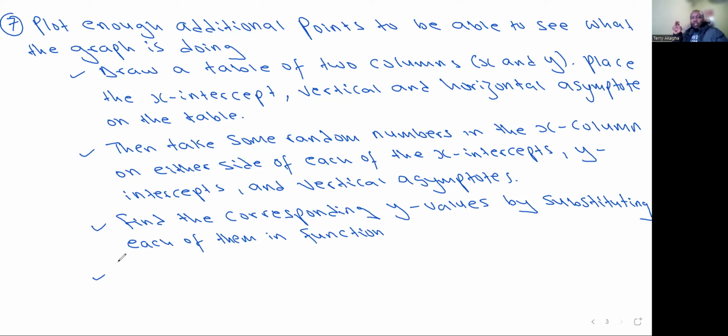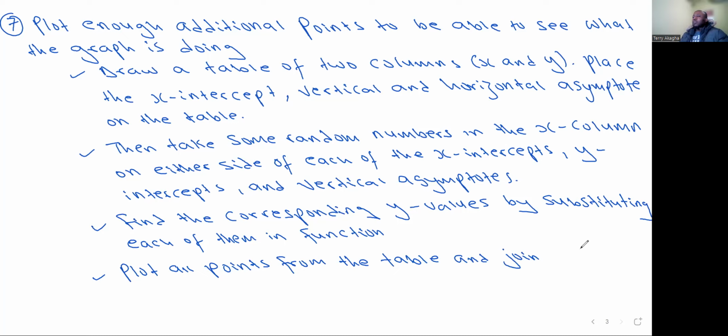Then you join them into a curve, without touching the asymptote.